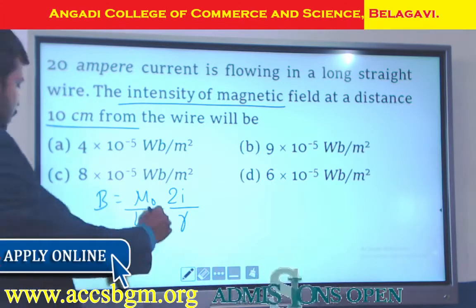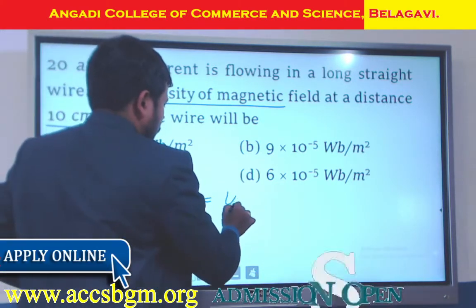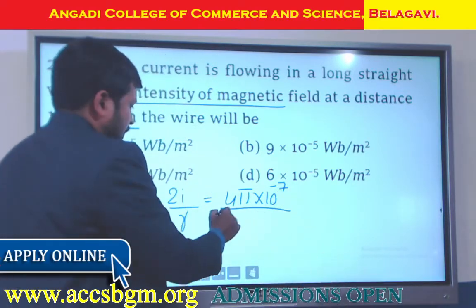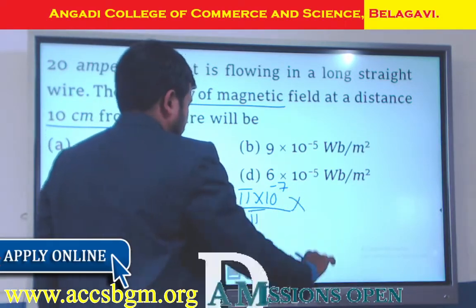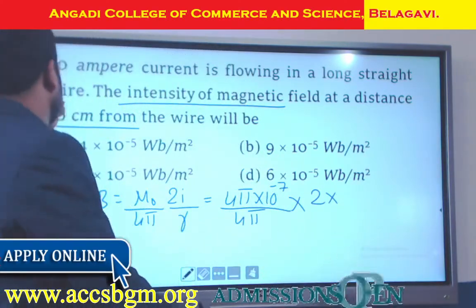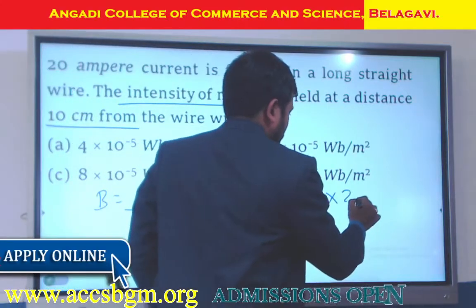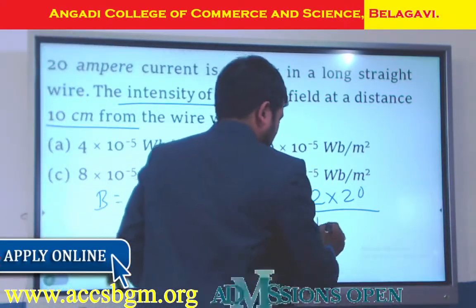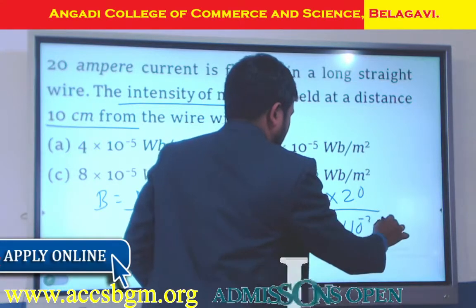So 4 pi into 10 to the power of minus 7 divided by 4 pi, into 2 into the current they gave here, that is 20, divided by the r value, 10 into 10 to the power of minus 2.